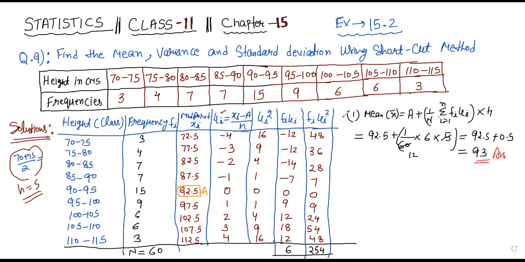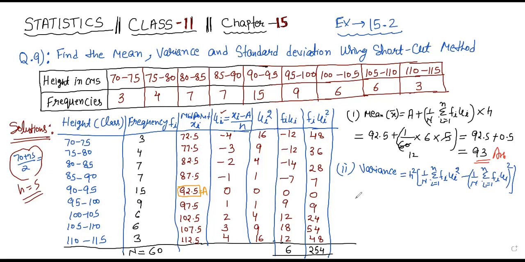Now come to the second part, where you need to find the variance. The variance formula by shortcut method is h square times 1 by n summation fi ui square minus 1 by n summation fi ui whole square.